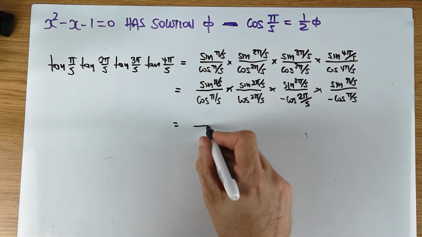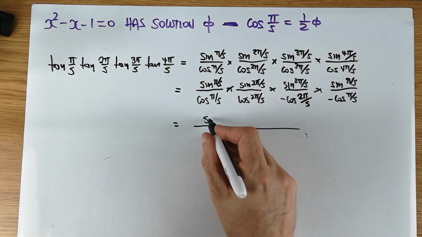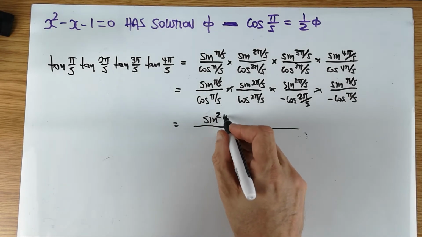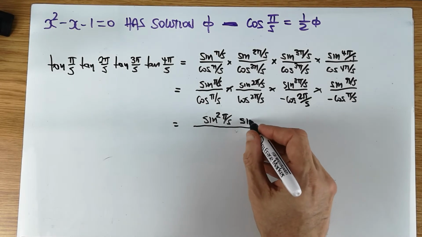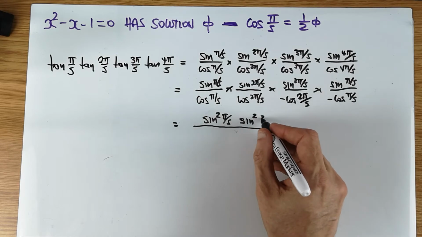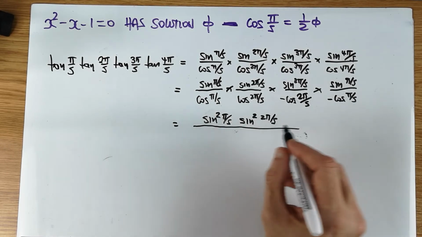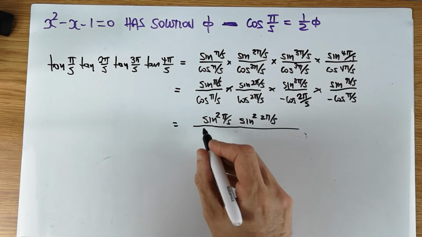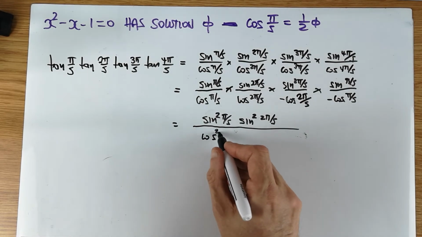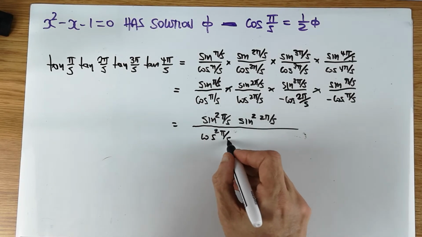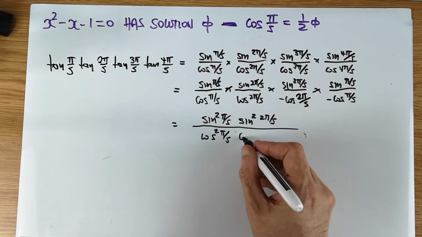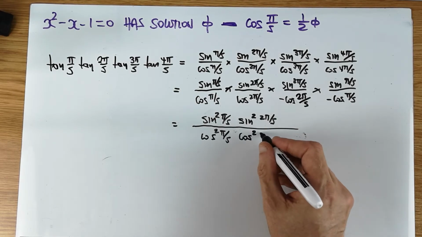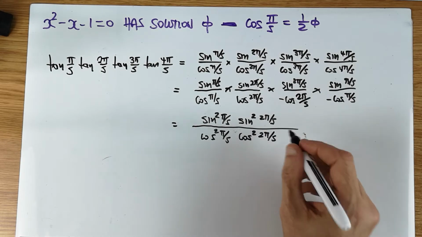So what we're going to end up with here is sine squared of pi over 5, that times that, and of course sine squared of 2 pi over 5. And the minus times the minus will go plus, and we're going to have exactly the same thing. Cos pi over 5, cos pi over 5, and of course, cos squared of 2 pi over 5.